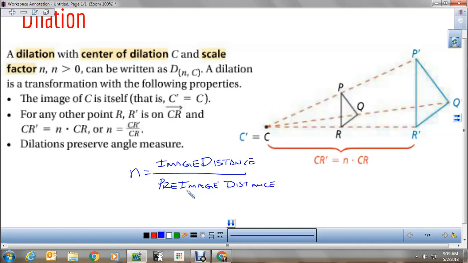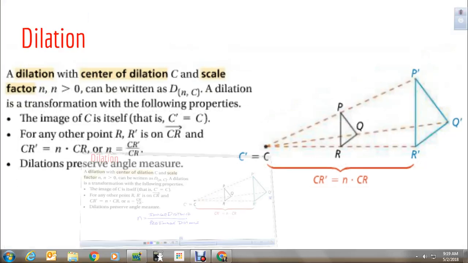So pre-image distance is on bottom, image distance is on top. Just like it is here, sometimes it's easier to look at the scale factor like so. Now dilations only preserve angle measure, not distance. So this means this is not a rigid motion.